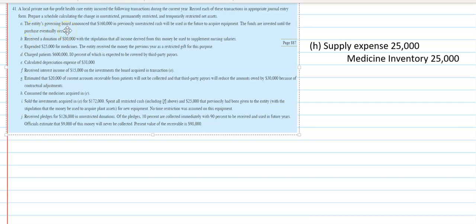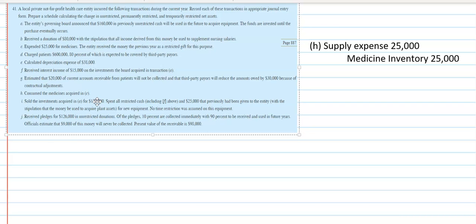A mentioned that they actually transferred some money and kept it as an investment to buy an equipment. And at that time the amount was 160,000. Now they sold those investments for 172,000.